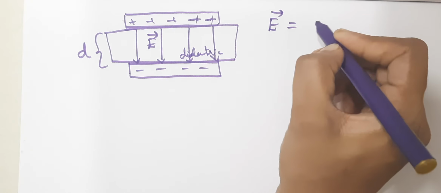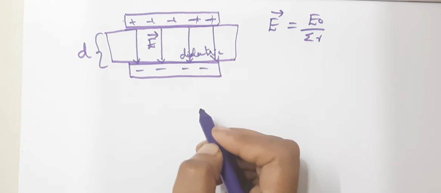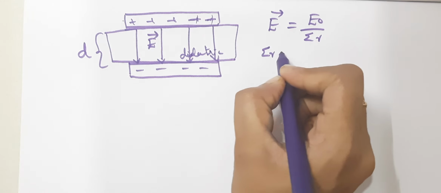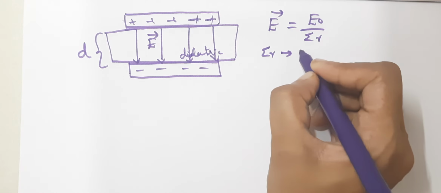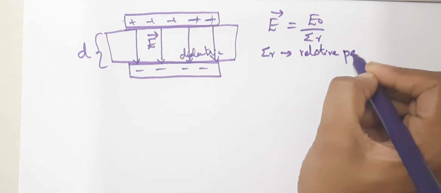This can be written as E0 by epsilon r, where epsilon r is known as the relative permeability of the dielectric.